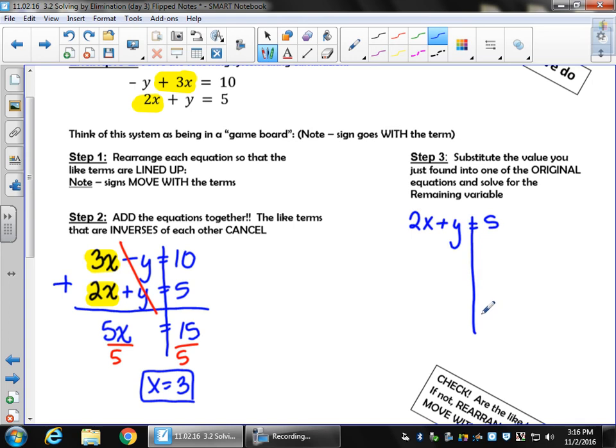Line down the equal sign. Plugging in x equals 3. So 2, and then in parentheses, where I see x, I'll plug in, substitute in a 3. Plus y equals 5. This is 6 plus y equals 5. Subtract 6 from both sides.